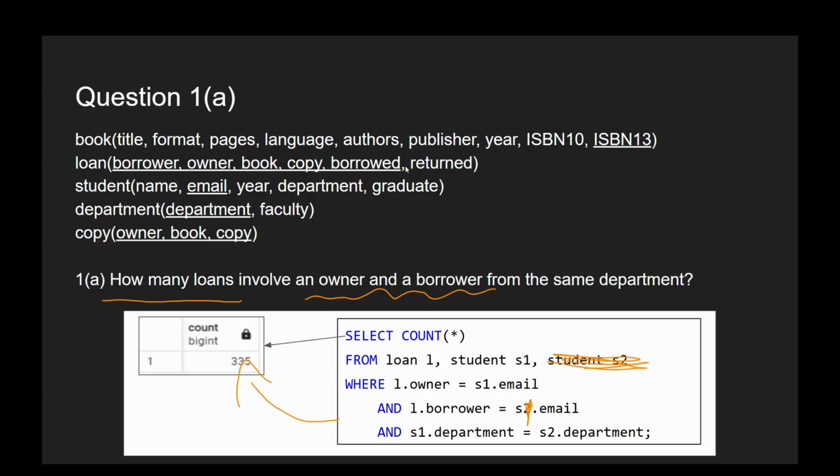If you only use one student table S1, it means that the owner is s1.email and the borrower is s1.email. This means that the owner and the borrower are the same person, and this is not what the question is asking. So in this case, we need two student tables.